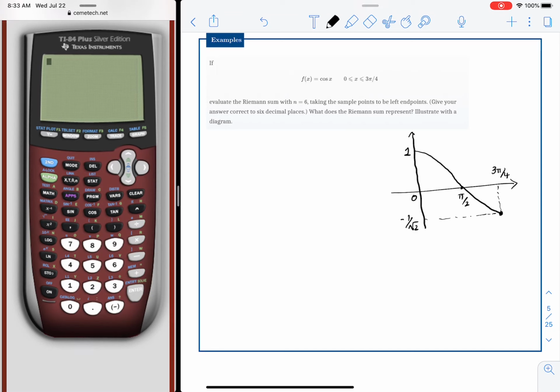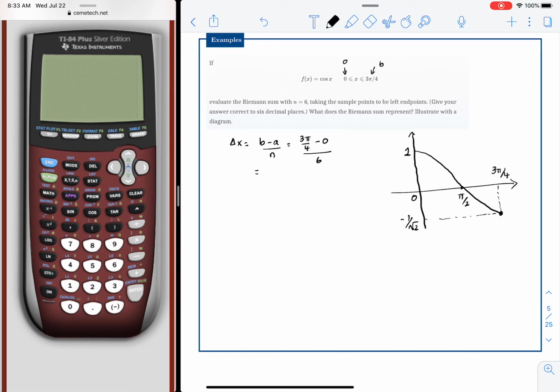So the first step is for us to determine the sampling points. In other words, we need to find delta x. Delta x is b minus a divided by the number of sampling points. b is 3 pi over 4, a is 0. So we have 3 pi over 4 minus 0, divided by n, which is 6.